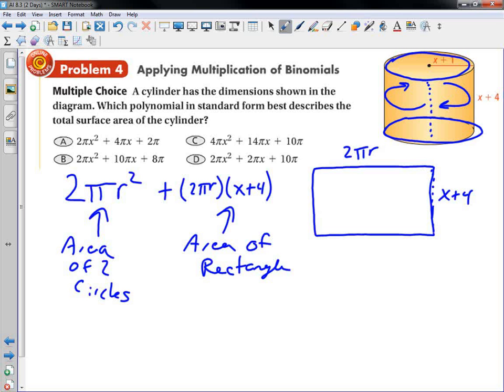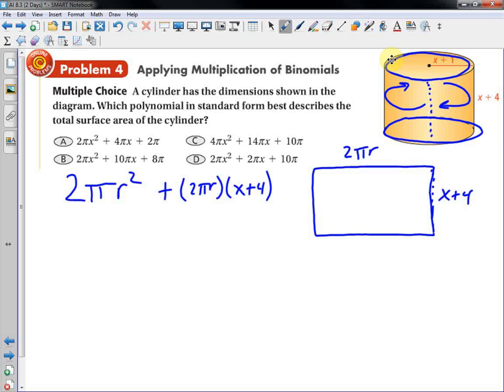Okay. Well, let's plug in everything that we know, and I did plug in some things, but we need to plug in r, right? I have an r here and an r there. I need to plug in what r is. Now r is the radius. In this case, the radius is x plus 1. So I'm going to plug that in.